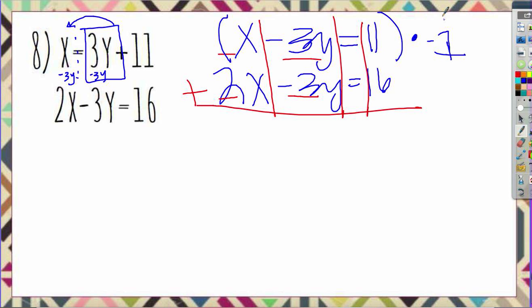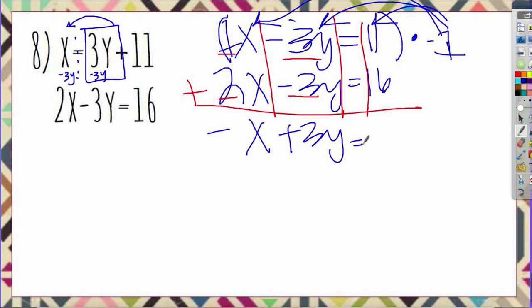Once again, when I do this, I have to make sure it goes to all three terms in the equation. So a positive 1x times negative 1 is going to leave me with a negative x. Negative 3y times negative 1 is a positive 3y. 11 times a negative 1 is a negative 11.